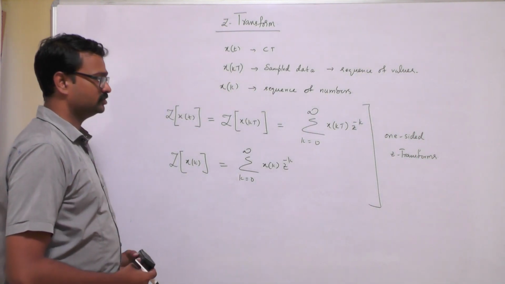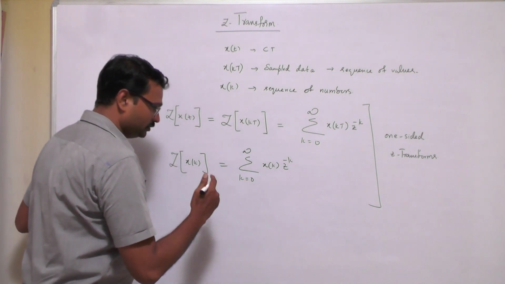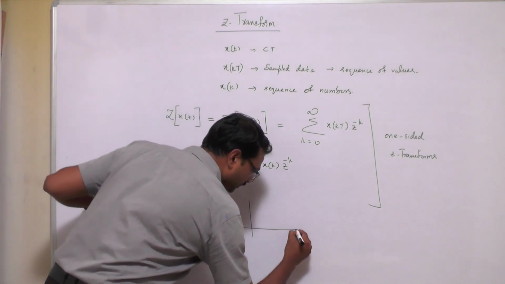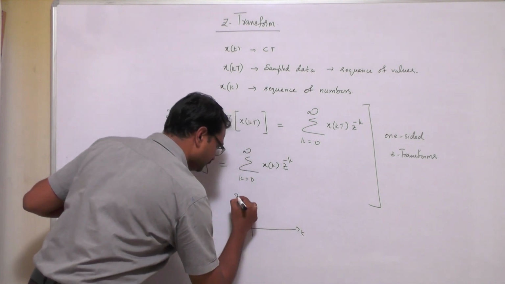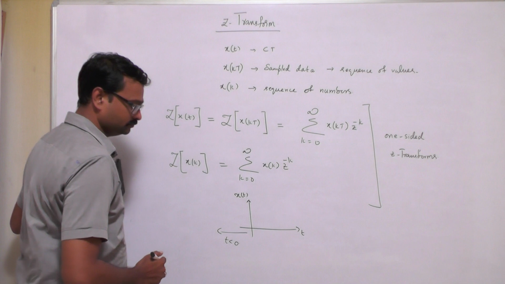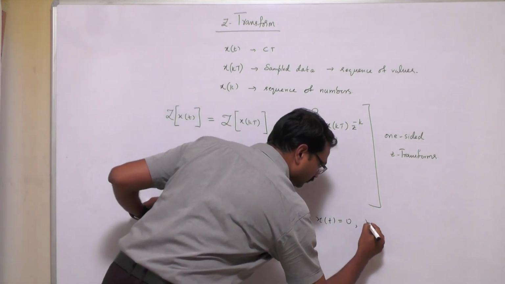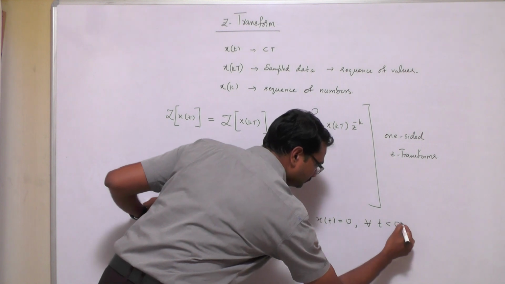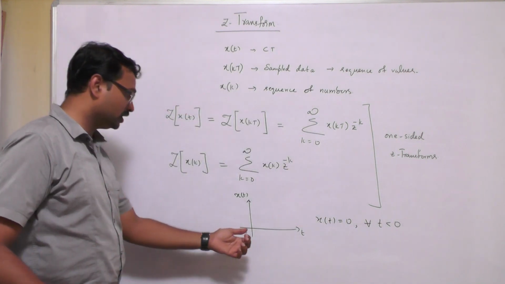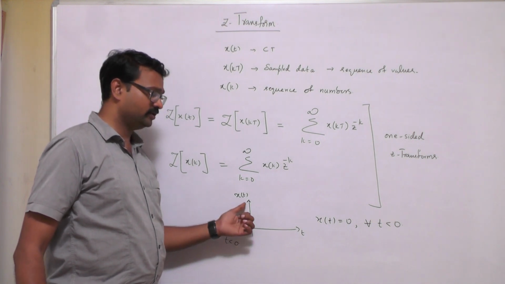These are one-sided Z transforms, where we do not have any value of x of t for all values of t less than 0. That is, x of t is equal to 0 for all t less than 0. From t equal to 0 and above, x of t exists.